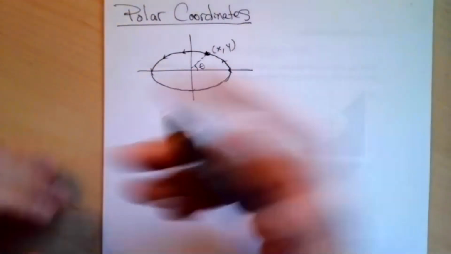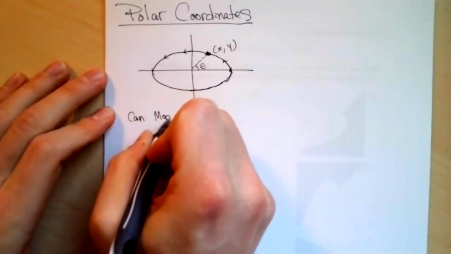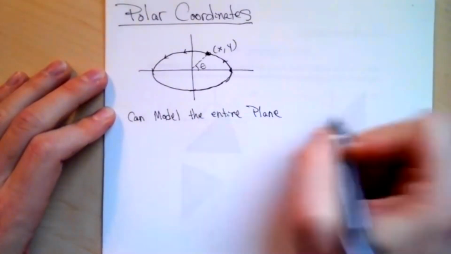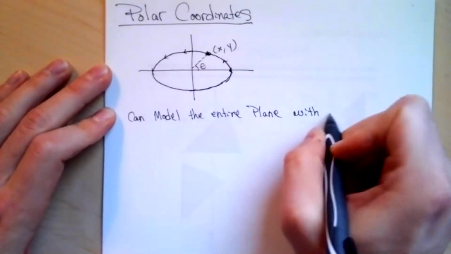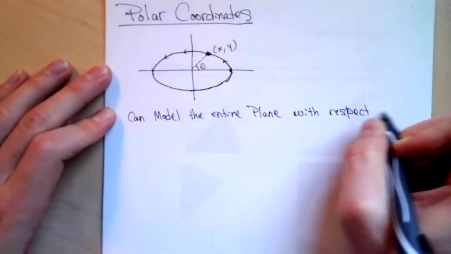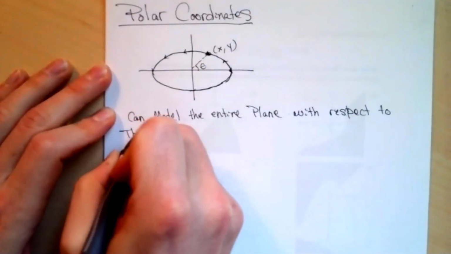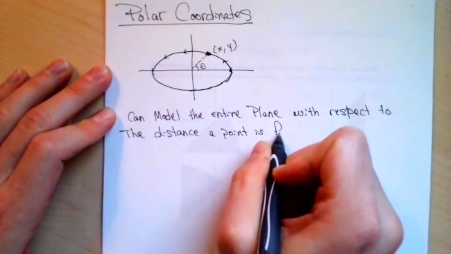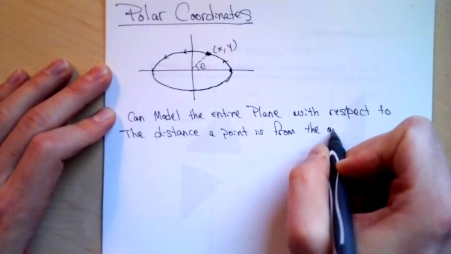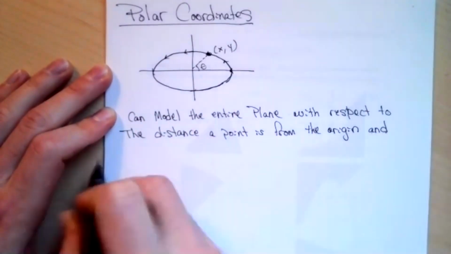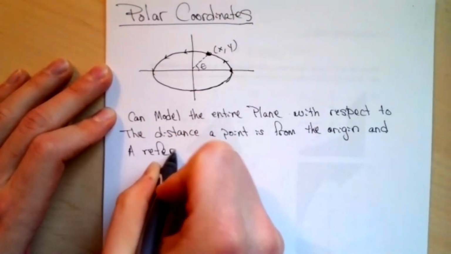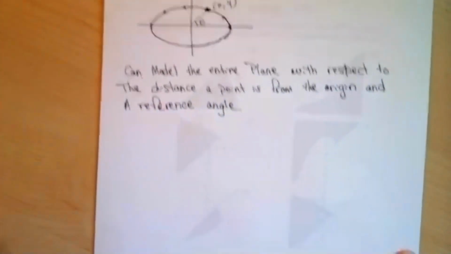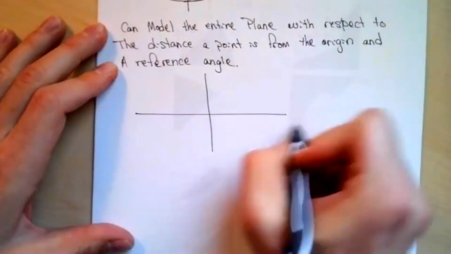The idea behind polar coordinates is that we can actually model the entire plane with respect to the distance from the origin and a reference angle.